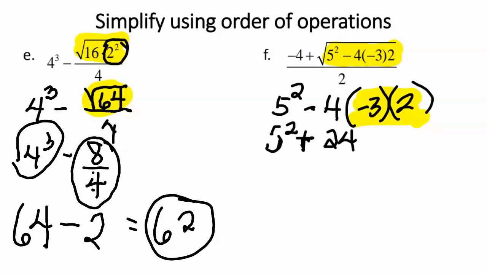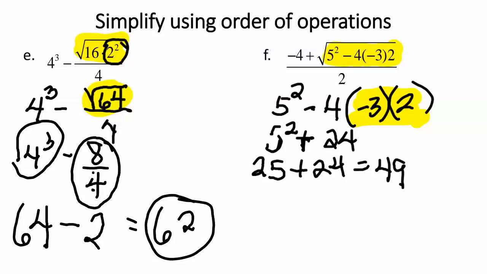Negative times negative. I have an even number of negative signs. That's a positive 12 times 2 gives me 24. So 5 squared is 25 plus 24 is 49.